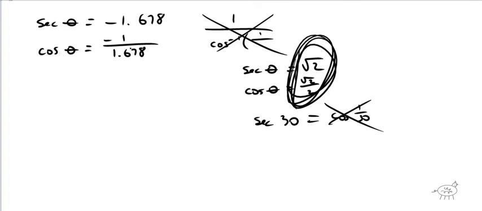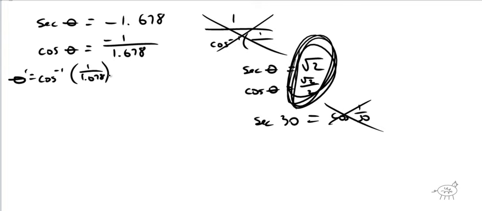I have cosine of theta is equal to negative 1 over 1.678. This is really easy now. This is what we've done in the past, where basically you just do inverse cosine, because we're finding a reference angle, inverse cosine of positive 1 over 1.678.